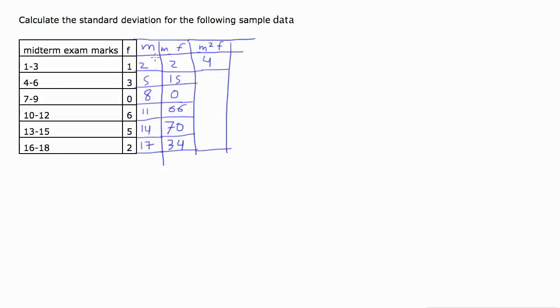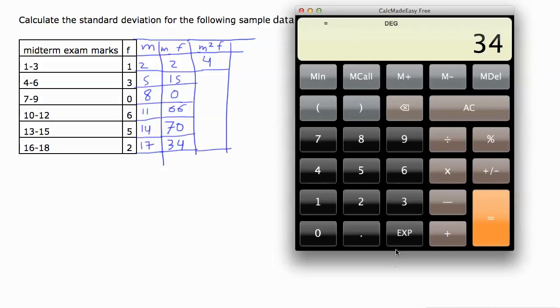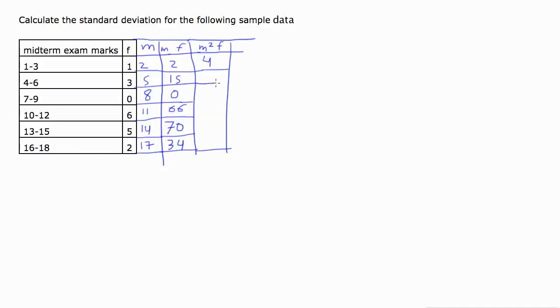Another way you can get it is multiply the midpoint by the midpoint times frequency, because you already have m here and you have mf here, so if you multiply these two, you will also get m square f. So you can just multiply these two numbers, 2 times 2 gives you 4. 5 times 15 is equal to 75, so come here, 75.